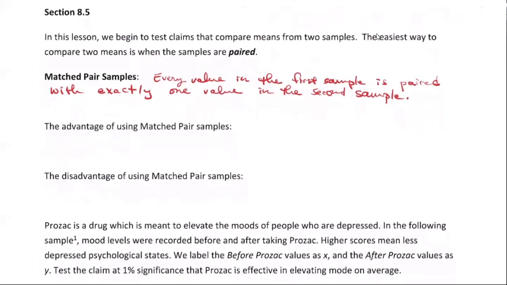Okay. The advantage of using matched pairs is that many confounding variables are controlled when these are the same people.